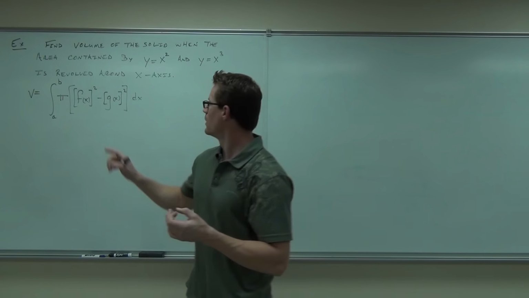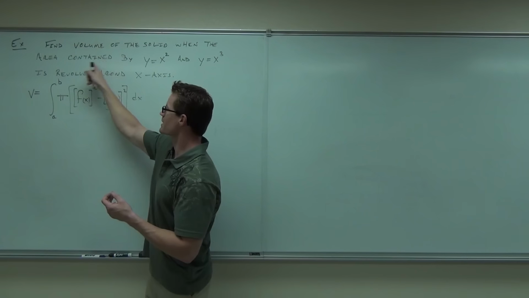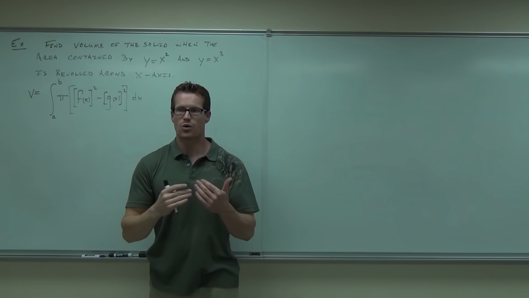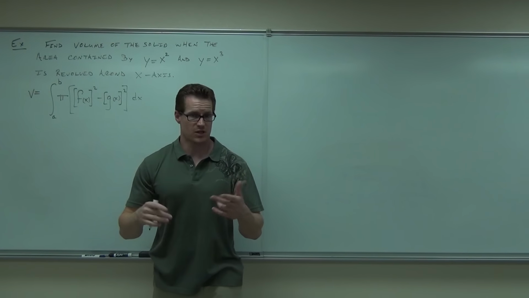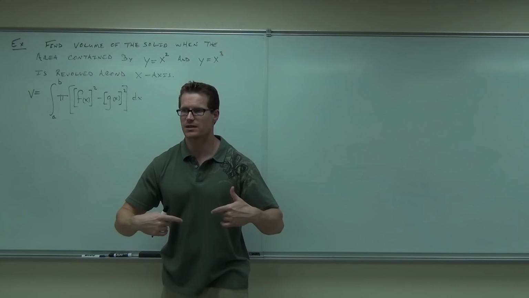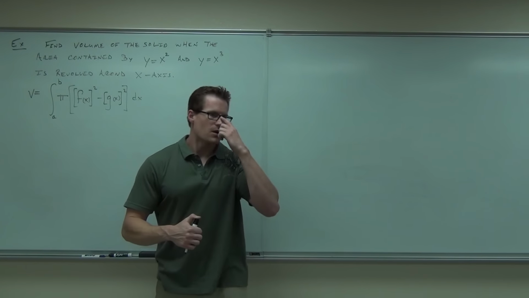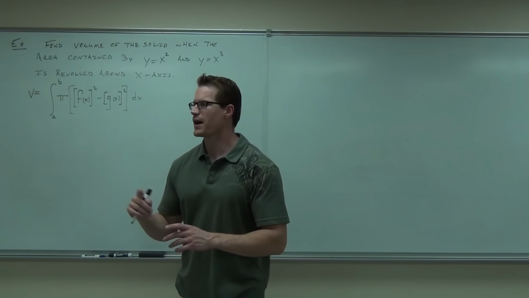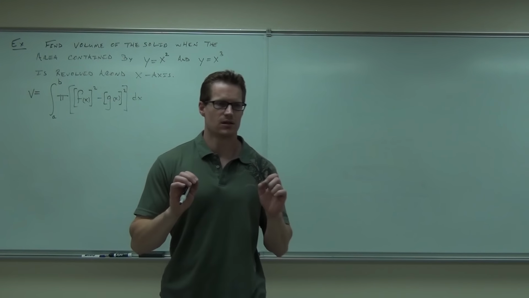We also need to know, well, it says the volume in which the area contained by, we need to know where to start and stop. So where the area starts and stops, according to the x-axis in this case, because we do it with x's. Nod your head if you're okay with the idea of this so far. So how do we find out, this goes back to our area problem, very similar idea. How do we find out where the area is contained?